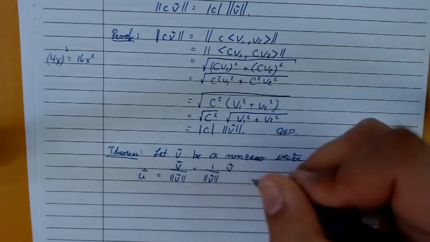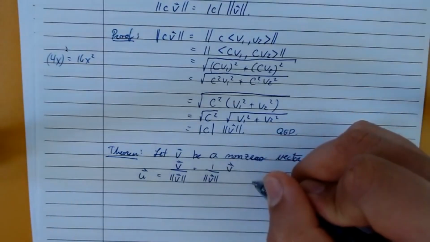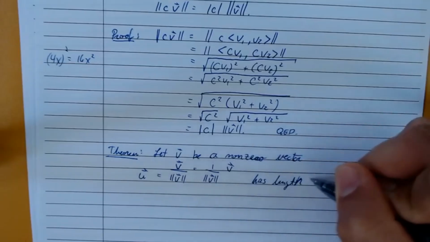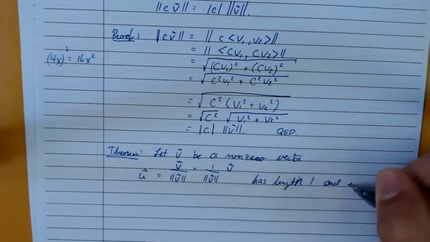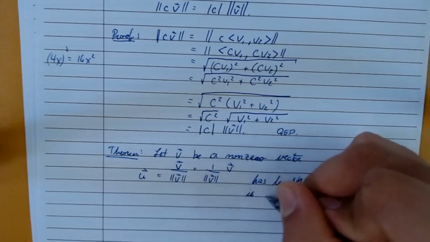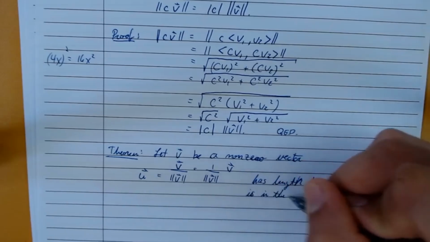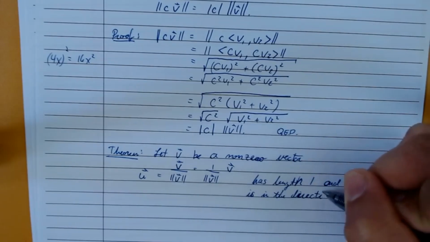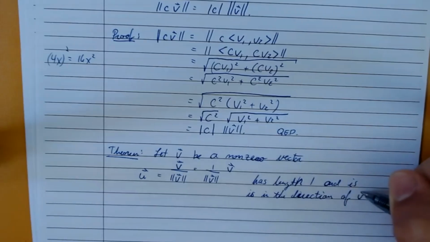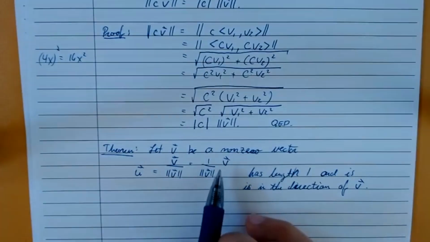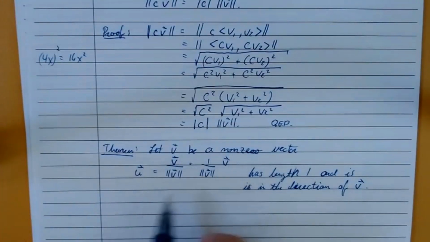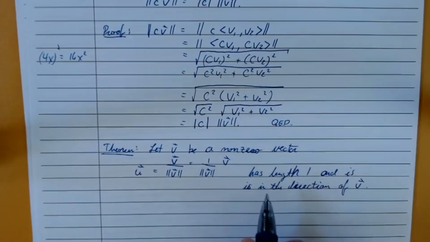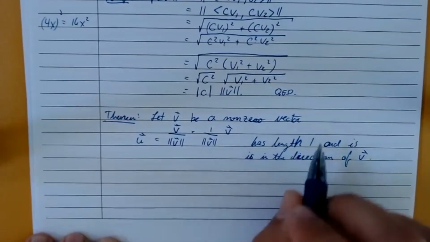This has length 1 and is in the direction of V. So by dividing a vector by its own magnitude, you preserve its direction, but you cut its length down to 1. This is often useful when you care about a direction, but you don't care about length.